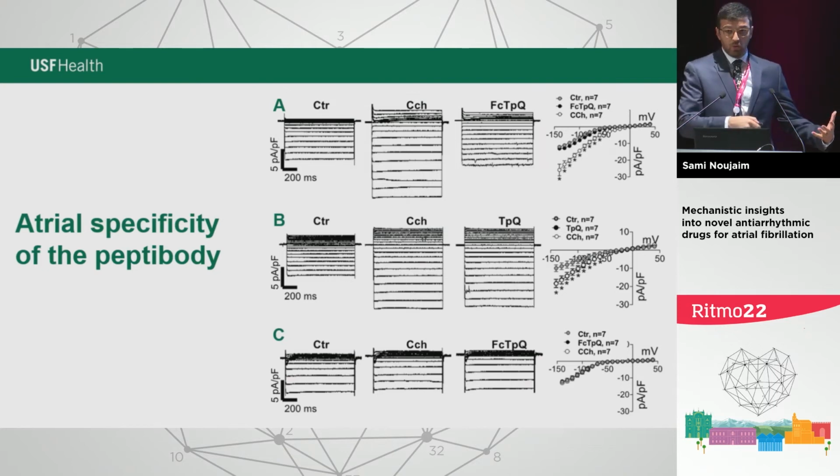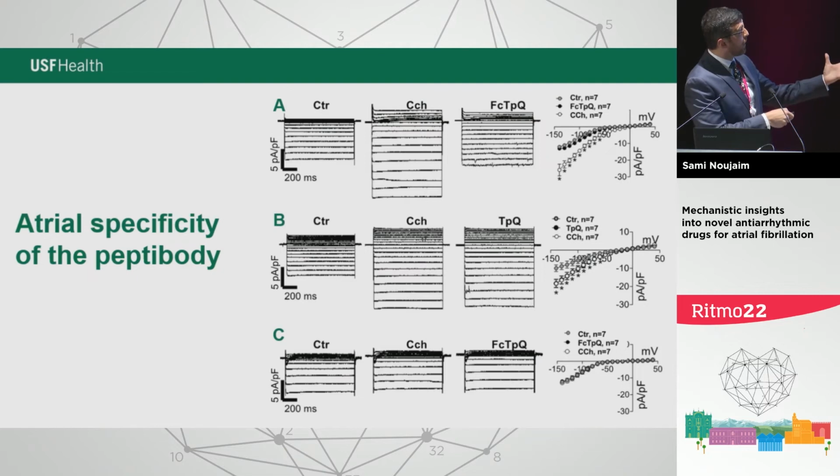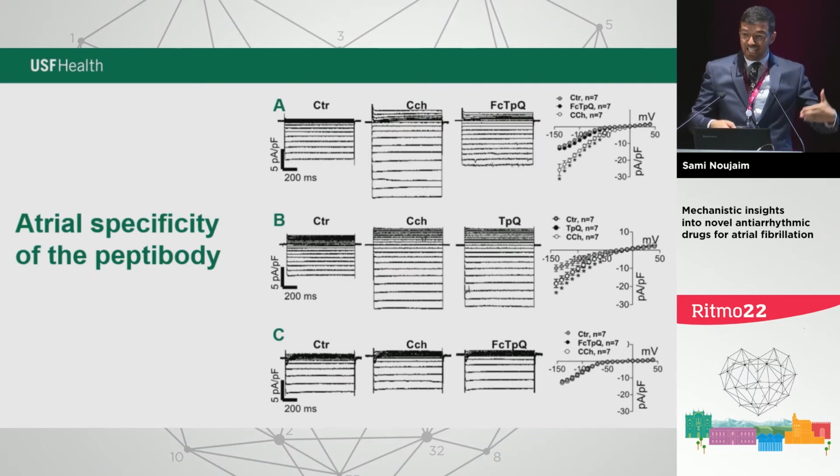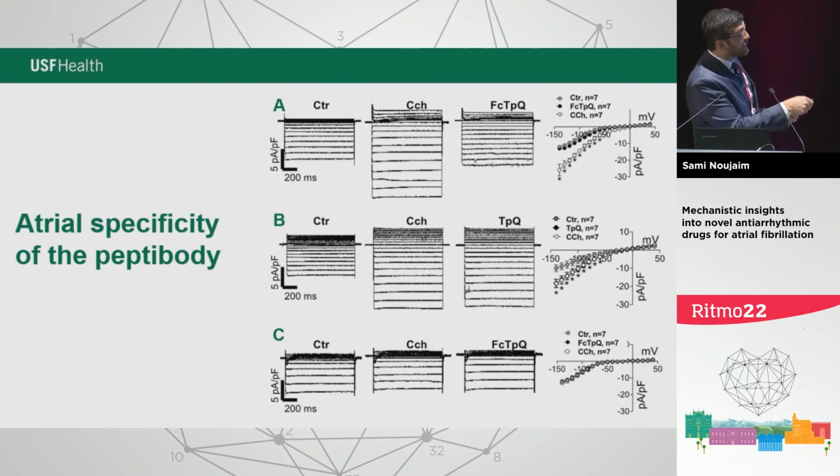Then we added carbachol to the perfusate, and upon addition of carbachol, the current increases, indicating activation of IKACH. We followed with addition of 100 picomolar of the peptibody to the bath solution, and that blocked the increase in the carbachol activation case. This is an IV curve just showing that the peptibody significantly decreased the current after carbachol addition.